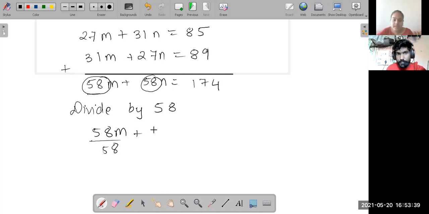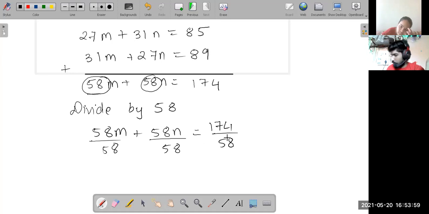Dividing 174 by 58, you can reduce it. Don't take decimals. Keep it in fractions, because working with decimals will be difficult, so it's better you keep it in fractions.